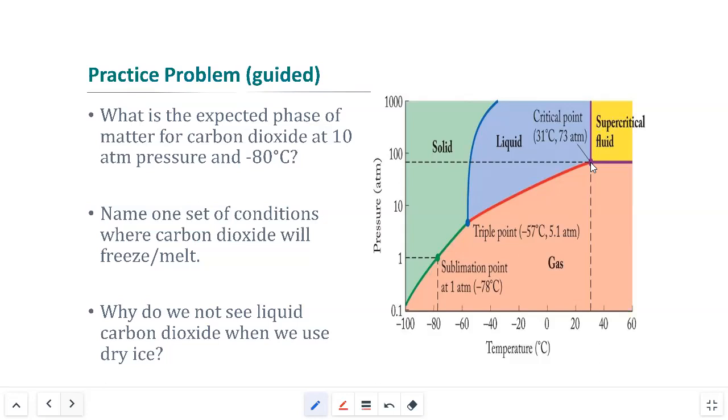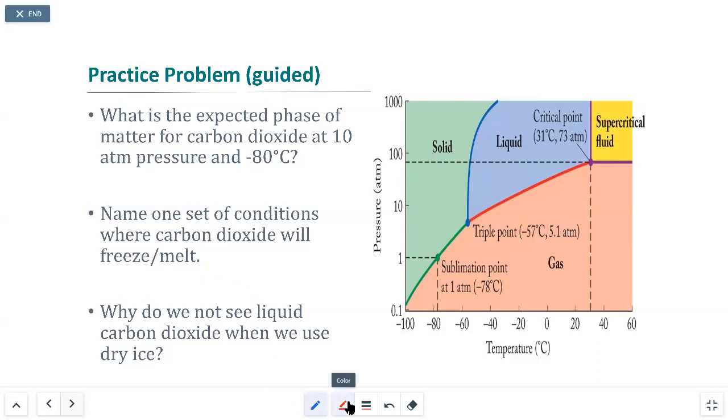So again, interpreting this as a graph, what we can see, and it'll always be this way. Solid will always be the top left portion. Gas will always be the bottom right. Liquid will always be in the middle of the two. So you can always count on that in a phase diagram. Anywhere along these bolded lines represents a phase change.